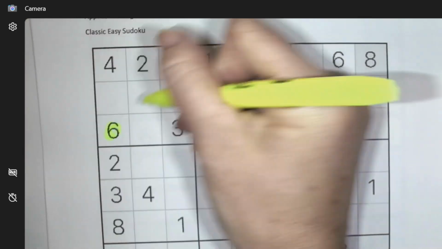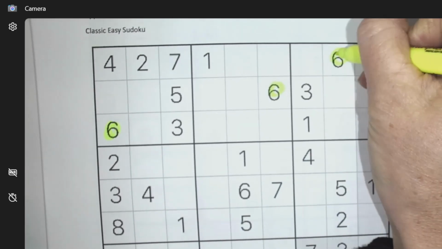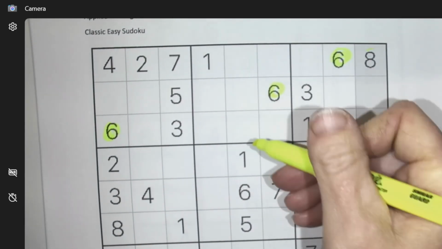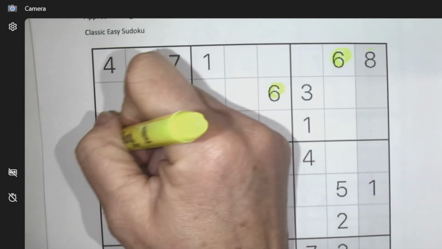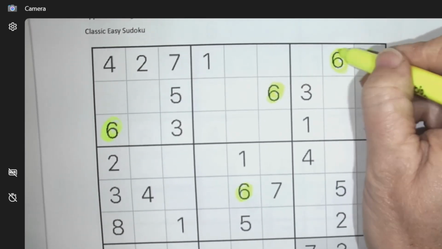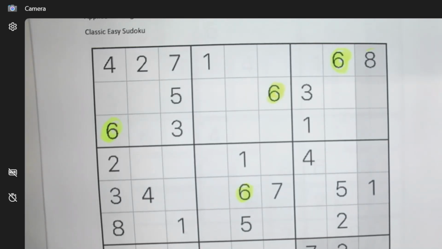So let's just pretend I'm going to look at the number 6. I try to find all the 6s or something like that.